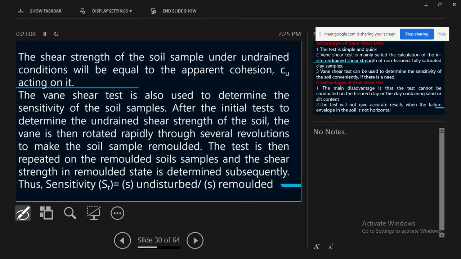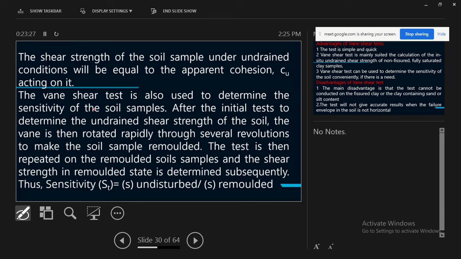So the soil is not given enough chance to react. The excess pore water cannot flow away very easily, so we can reasonably assume this is an undrained condition.